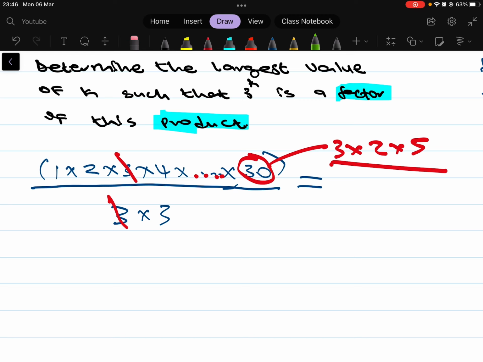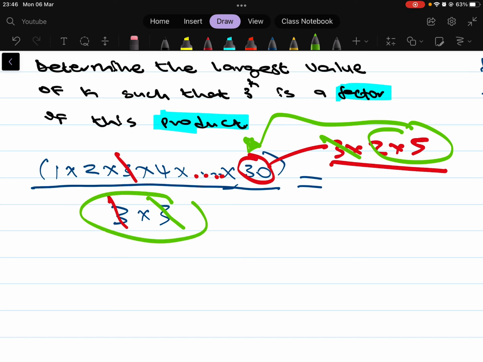So the 3 in the 30 will cancel this 3, and you are left with the 2 and 5 in the place of 30. And when you have cancelled the denominator completely, whatever you are left with, the answer you're going to have here is just the multiplication of the terms in the numerator.